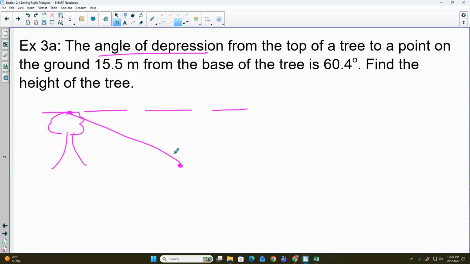So my angle is right here from that horizontal line down. So that angle of depression is 60.4 degrees. And the point is 15.5 meters from the base of my tree. This is 15.5.